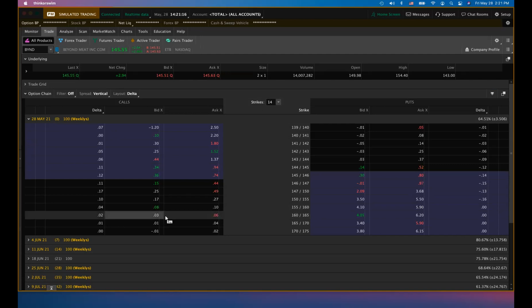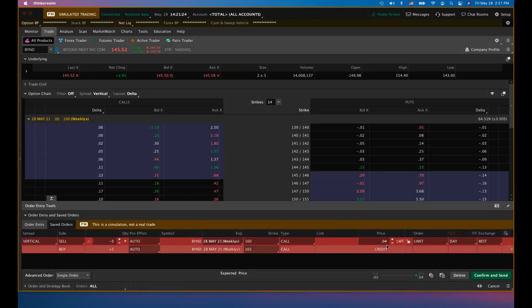This 160, 165 does not have much premium, but we're still going to use it for an example here. And right now you can get 0.04 cents. Don't go selling 0.04 anything spreads in the market. They're not worth it. The commission alone is more than this premium.